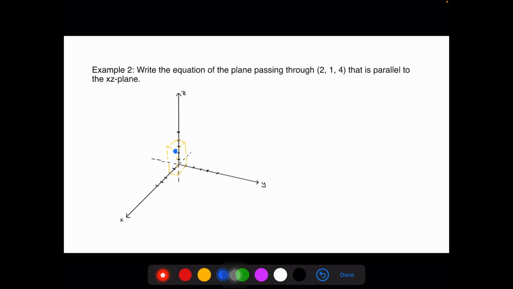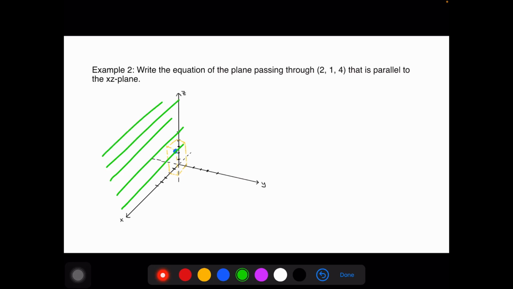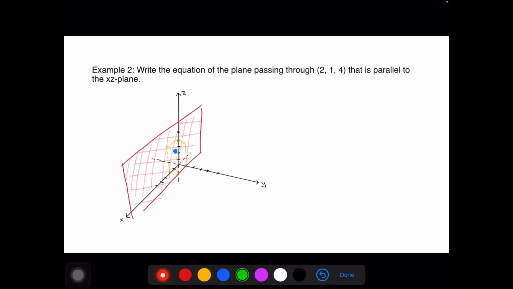And then I want to draw something that is parallel to my xz plane. And so this is my xz plane. So something that is parallel in the same direction as that xz plane. So something that looks like this. And so if I'm drawing something that's parallel to the xz plane, it's the y values that are always constant.